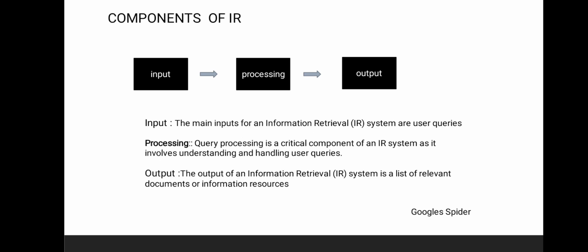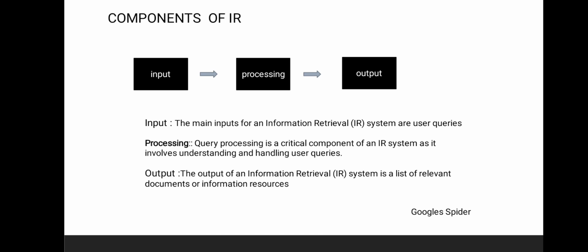Components of IR. As I already said, information retrieval helps us retrieve specific information from our storage. The basic components of an IR system are input, processing, and output, which is again similar to our computer system. How does that work? Input takes the query.